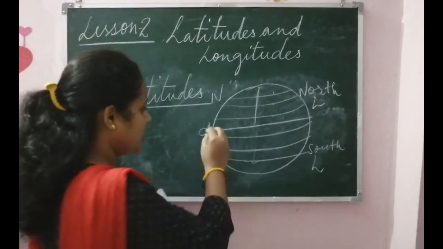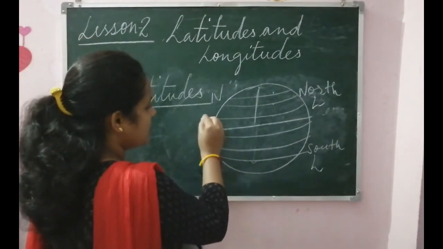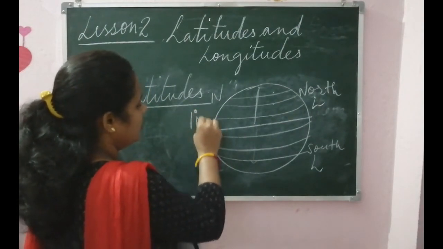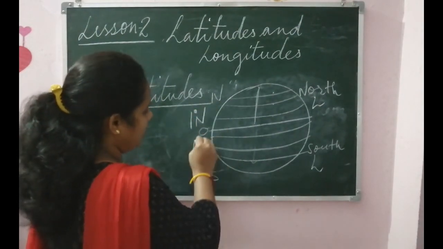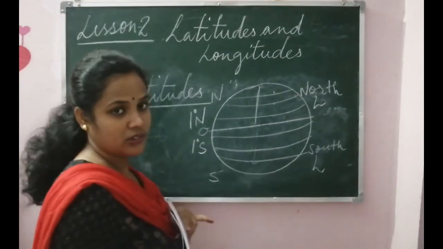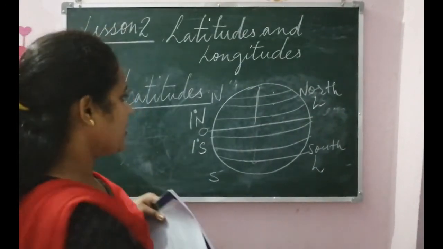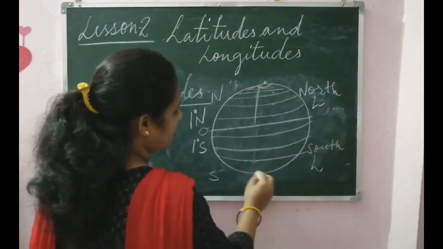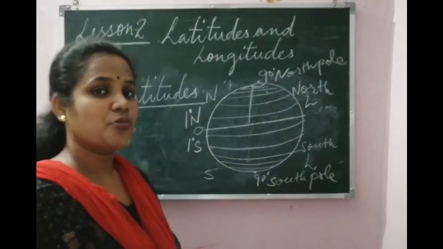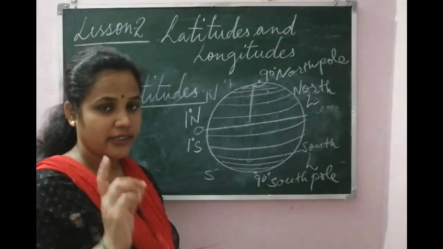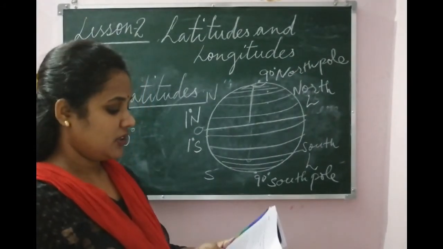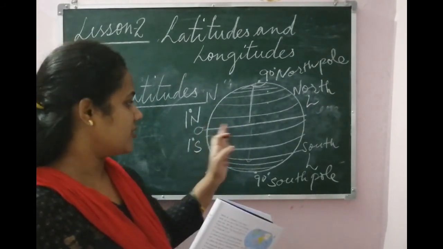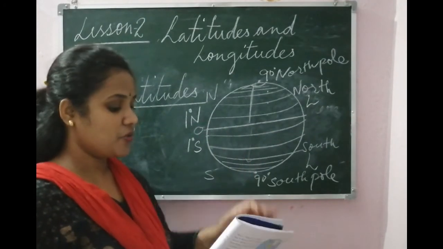Okay, so we count here from 1 degree. If this is the first line, we will write 1 degree north. This one 1 degree south. Okay. And if you reach the last one, you draw here also. So in the next paragraph you have learnt that latitudes are the horizontal lines running from west to east.